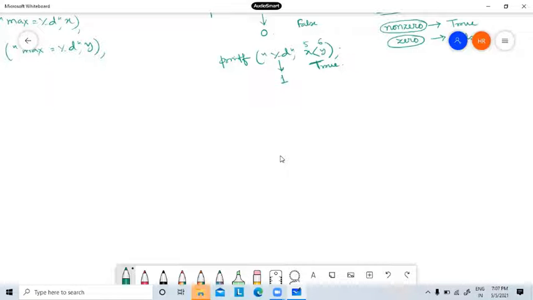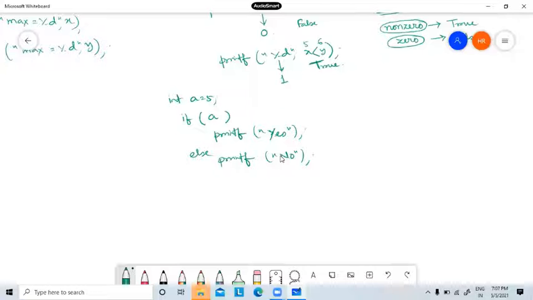Let's check. Suppose int a equal to 5. I am writing if a, printf yes, else printf no. Now what should be the output?